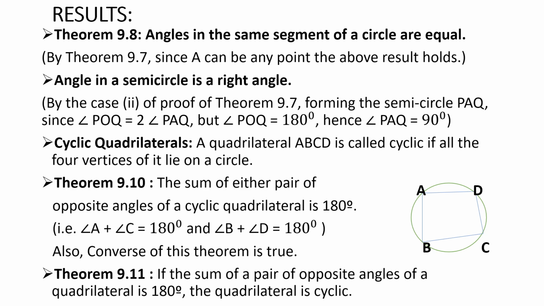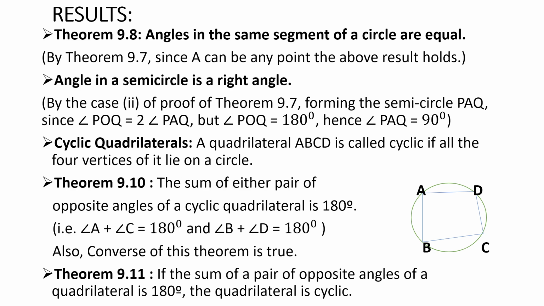Some other results. Theorem 9.8. Angles in the same segment of a circle are equal. This we can prove easily by theorem 9.7. Since A can be any point in the above result, so we can say that angles in the same segment of a circle are equal. Second thing, angle in a semicircle is always a right angle. How will you prove this?